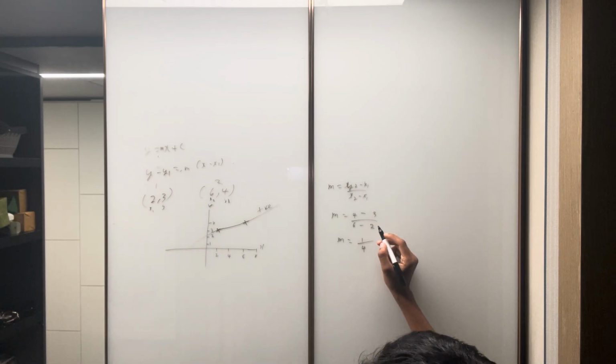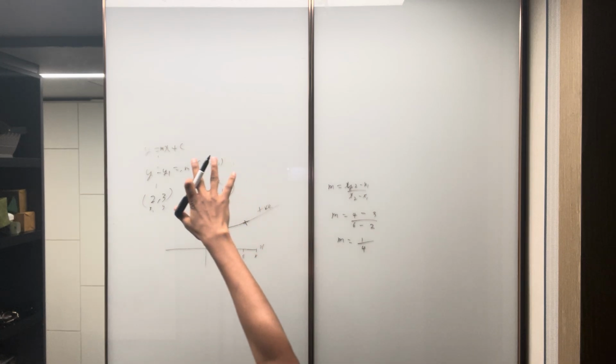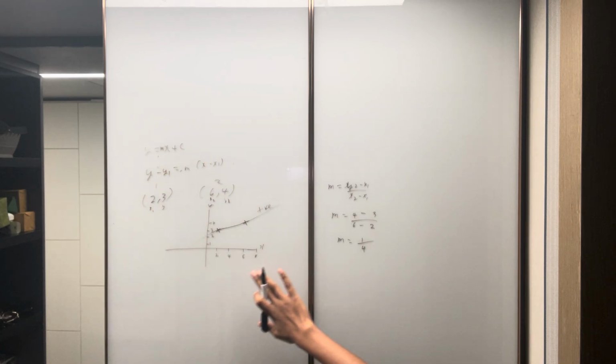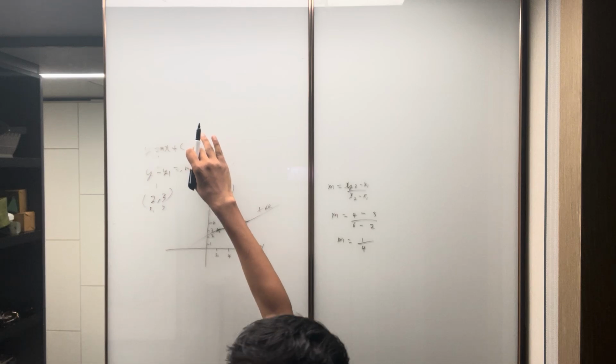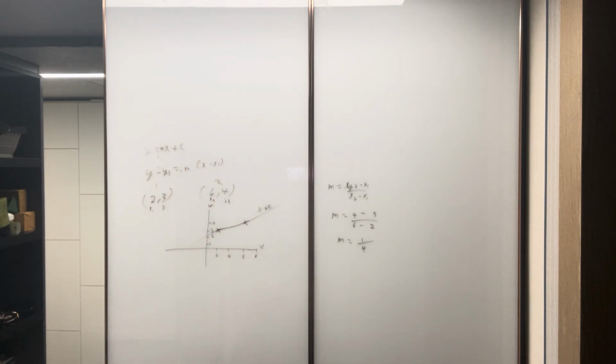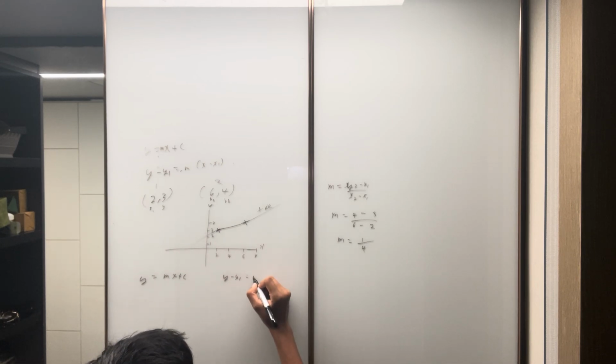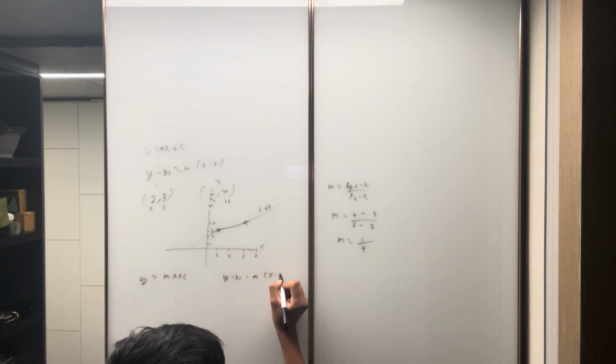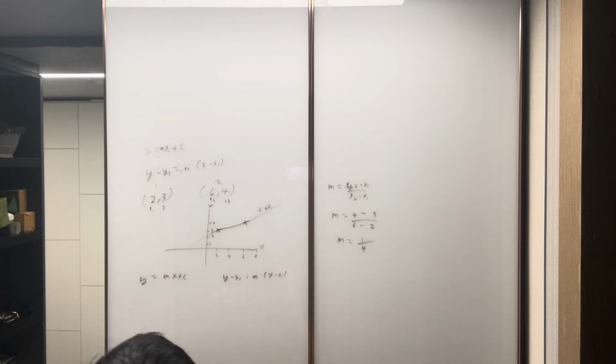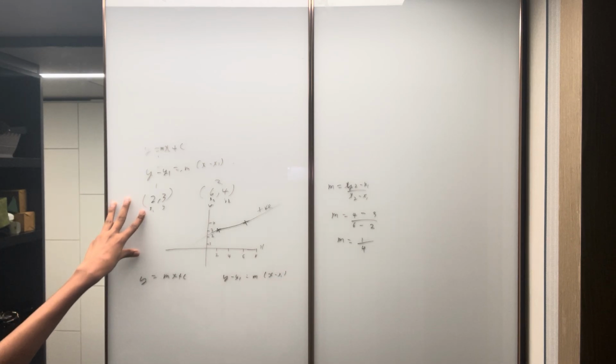Now, to find the equation of this line, we can use either of these formulas. I'm going to show both of them: y equals mx plus c, and y minus y1 equals m(x minus x1). So here we take these two values, 2 and 3.